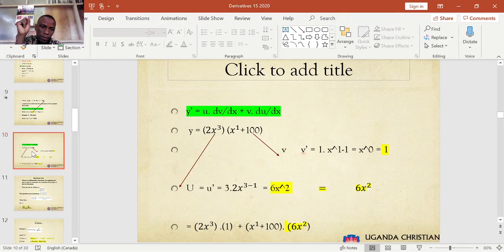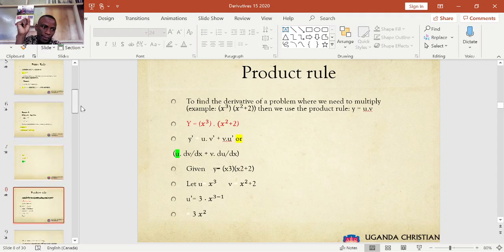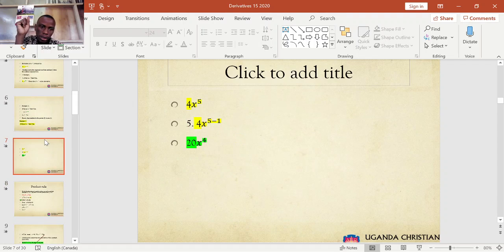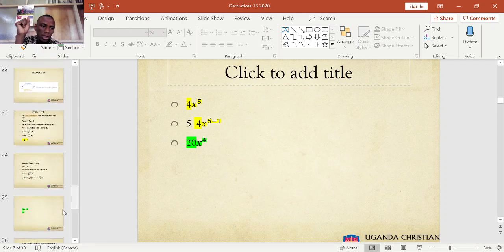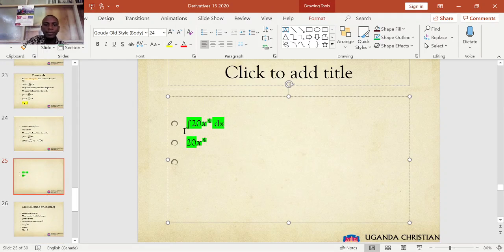Let me hope I've copied the actual number. It was 20x to the power 4. This is the answer you got when you differentiated a certain function.